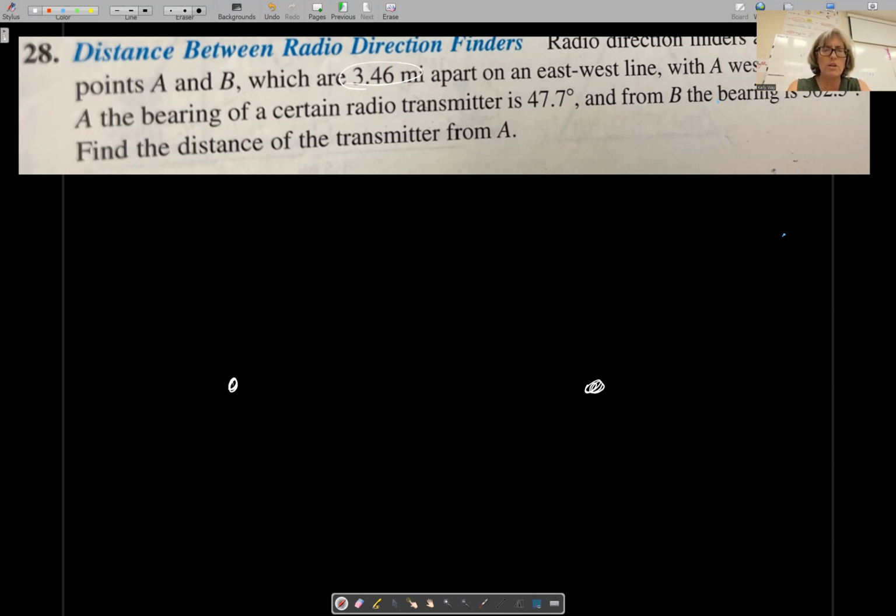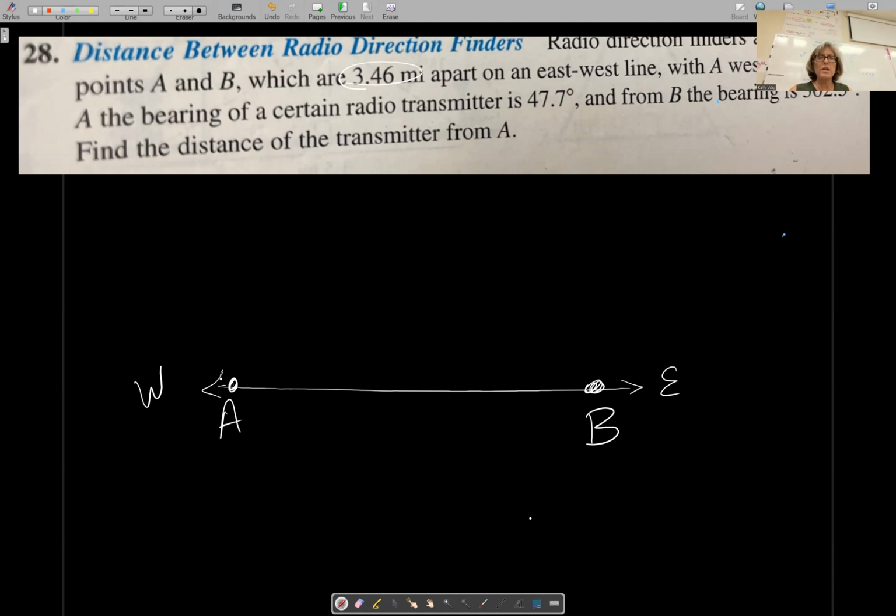So we have an east-west line here, with A west of B. So here's A, here's B.